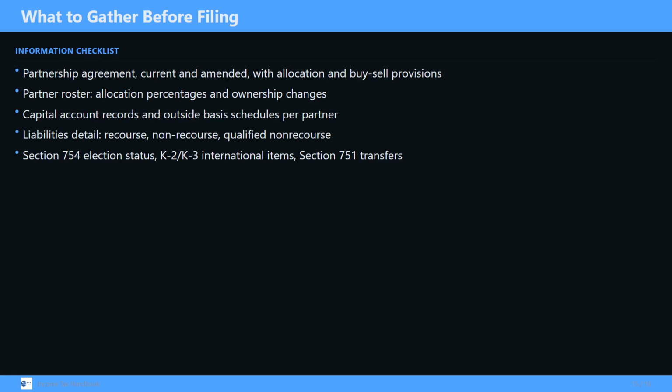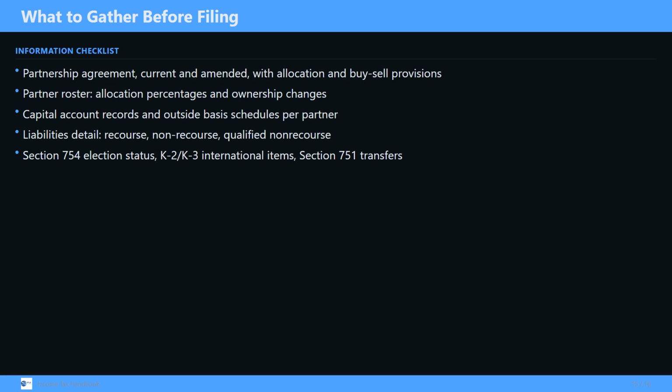Filing Form 1065 accurately starts with organized records. That means the current partnership agreement and every amendment, covering allocation, guaranteed payment and buy-sell provisions, a full partner roster with allocation percentages and ownership changes, capital account records, outside basis schedules for each partner, and details on partnership liabilities split between recourse, non-recourse, and qualified non-recourse.